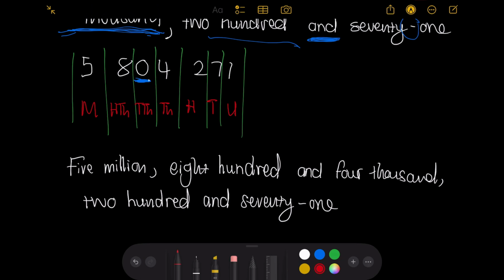Now going back, we know that this 5 is part of the millions. We know that this 8 is a part of your hundreds of thousands. But because this 4 is also part of the thousands, we don't just say 800,000 and 4,000, we say 804,000 because they both share the 1,000.